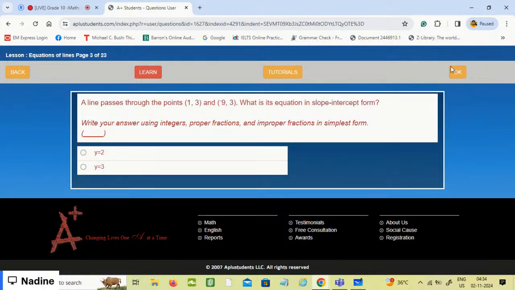A line passes through the points 1, 3 and negative 9, 3. So what is the equation in slope intercept form? So which is the correct option? That is y equals 3. Option number 2 is the correct option.